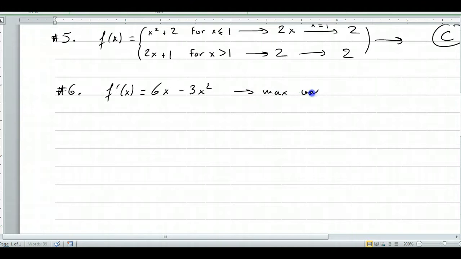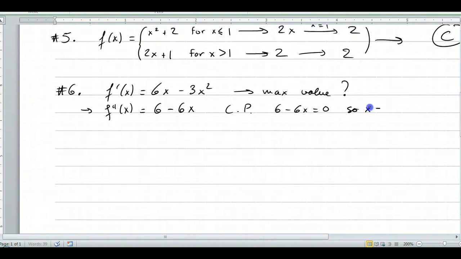So how do you find the max value of any function? Well, you derive it. So you have to derive it again. f second of x is 6 minus 6x. To find the max value, I have to find the CPs. So where are my CPs? 6 minus 6x equal to 0, so x equals 1. Be careful, read the question.